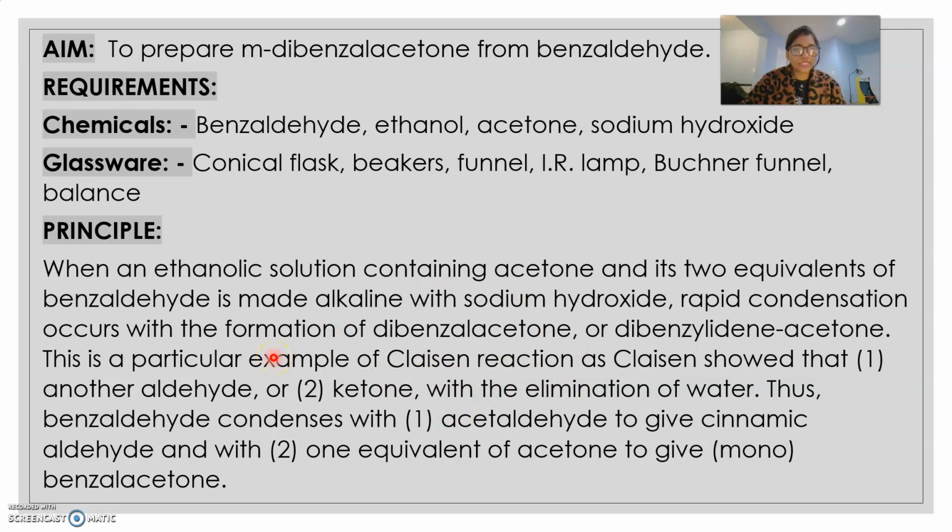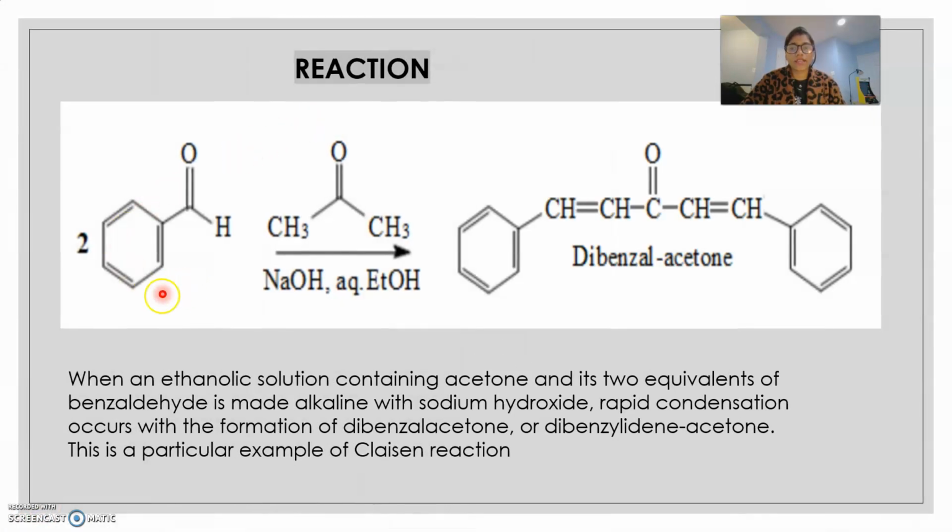Now we are going to see it in detail by seeing the reaction. So this is the reaction. This is benzaldehyde, two equivalents of the benzaldehyde, and this is the acetone.